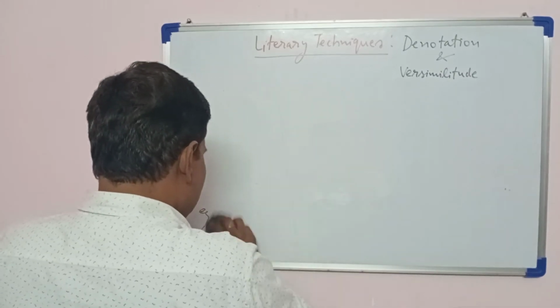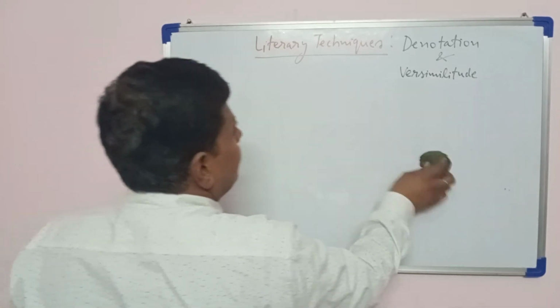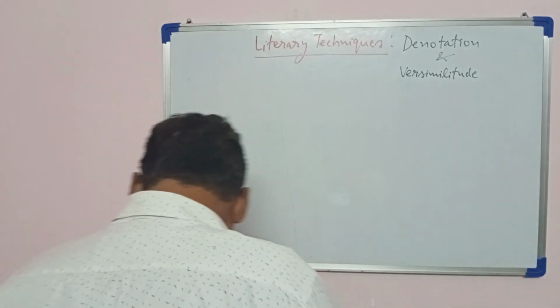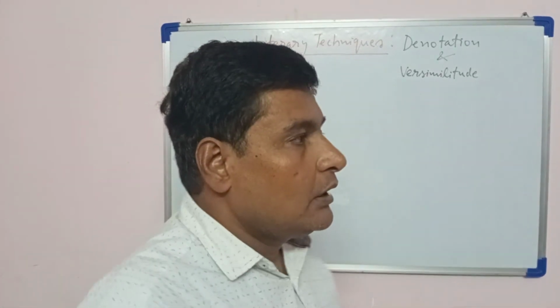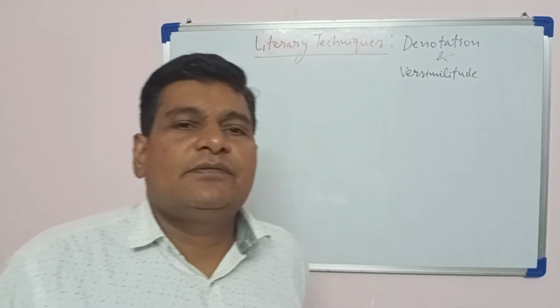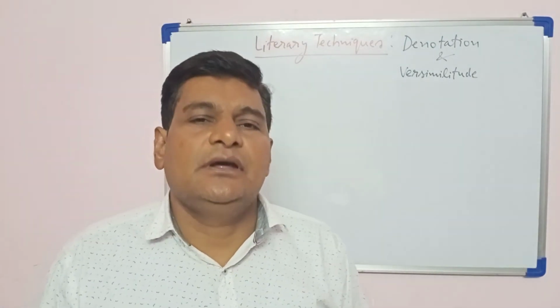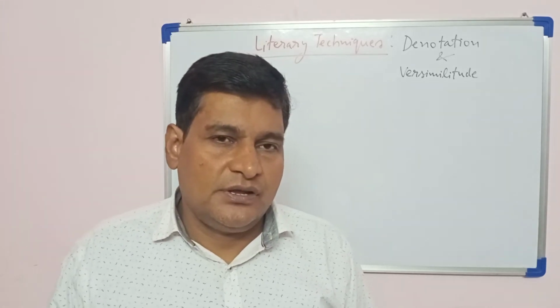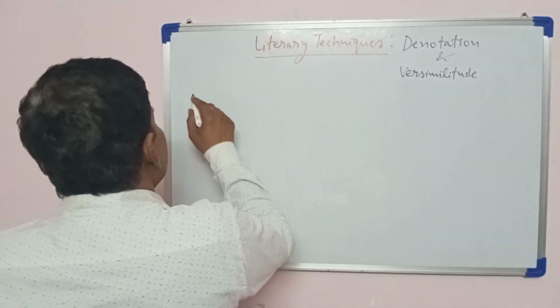So what is verisimilitude? In verisimilitude, what happens is that we describe some fictional thing in such a way that it looks real. It gives the impression of real. So let's understand what is this verisimilitude.